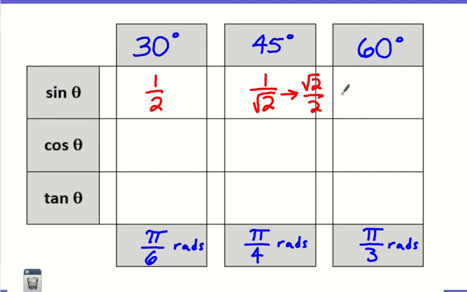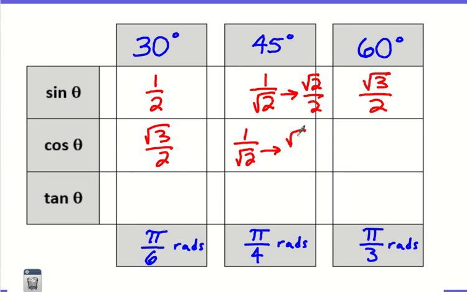You should definitely remember and understand that root 2 over 2 is equivalent to 1 over root 2. So please make it a point to write this down in that spot. The sine of 60, doing the opposite over hypotenuse there, is root 3 over 2. And that would be that.